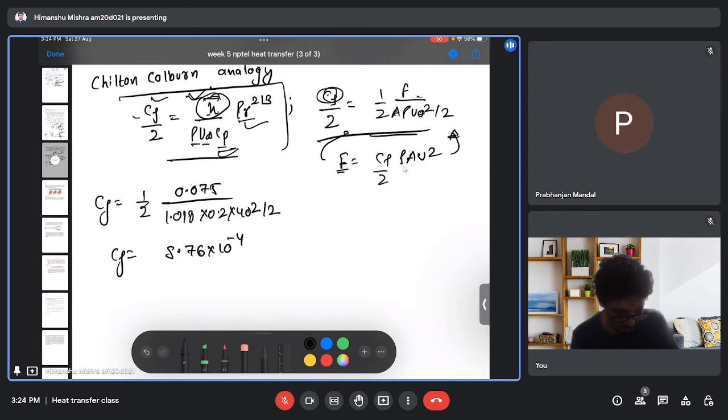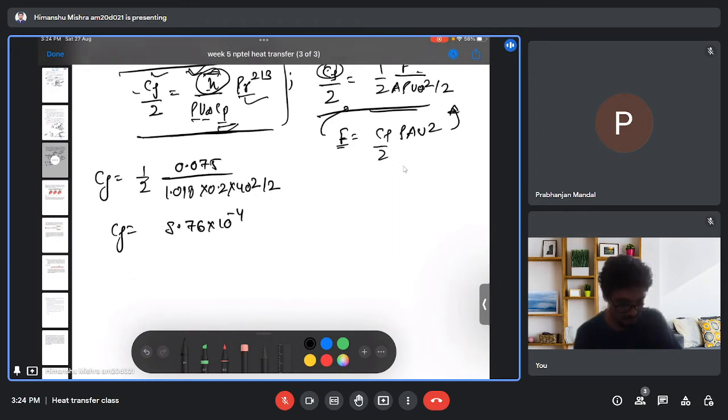Now I can use this Chilton-Colburn analogy to find the heat transfer coefficient. So from this relation, I can write my heat transfer coefficient as CF by 2 times rho U infinity Cp.